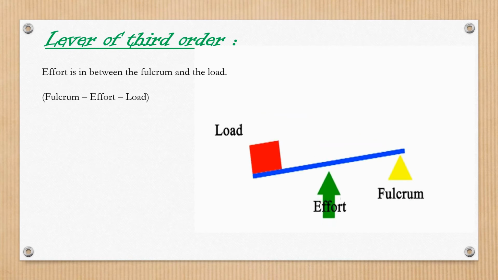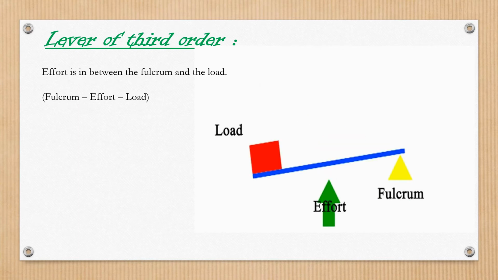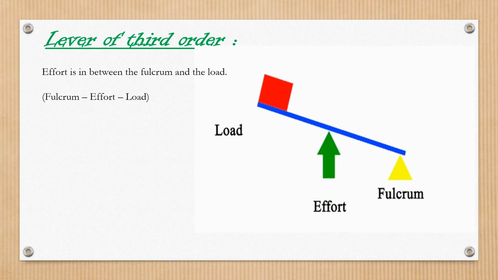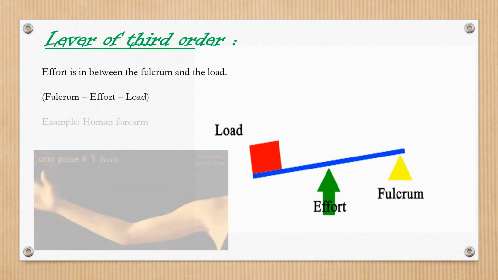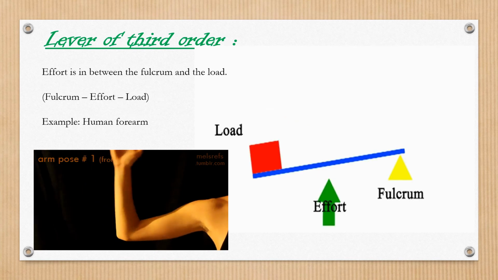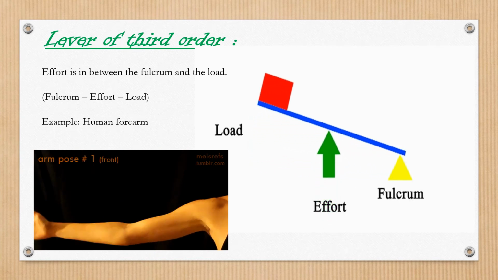In this case, we have to apply more energy to displace the weight, that is the load, to a longer distance. For example, human forearm, fishing rod, a broom, a baseball bat, a bow and arrow, human jaw.